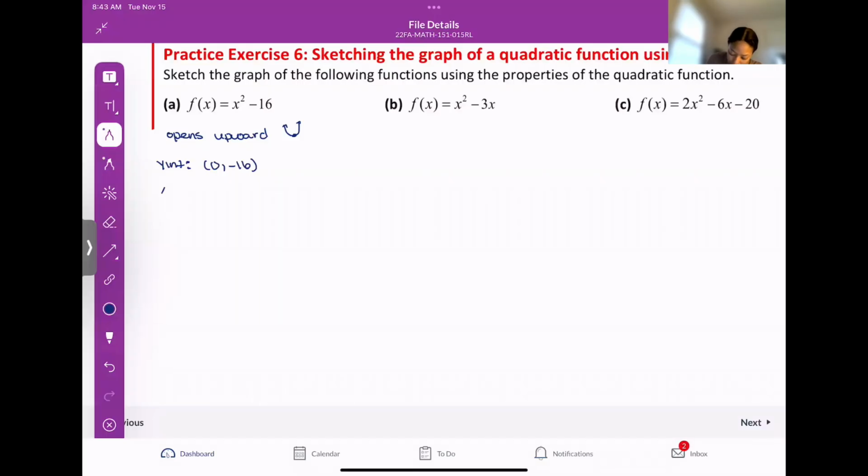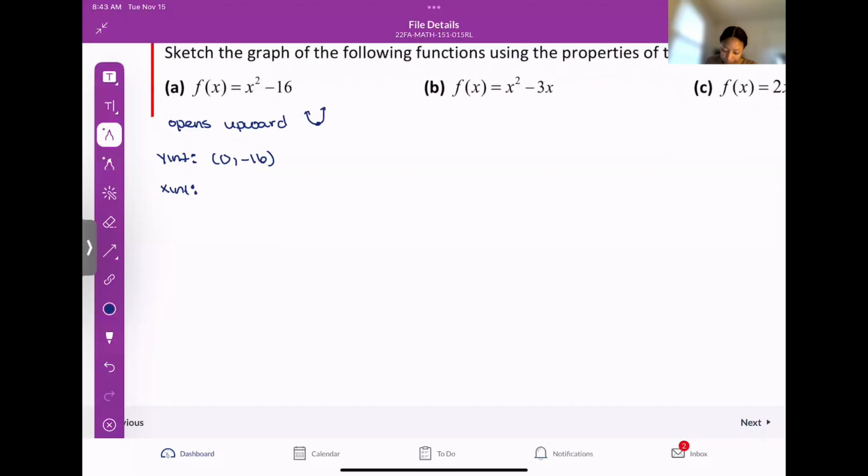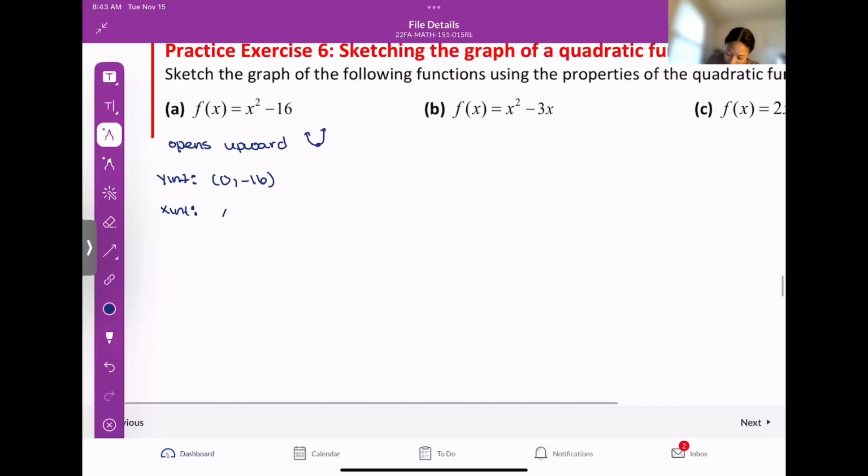All right. For the x-intercepts, this is where we have a little bit of work to do. So we would have x squared minus 16 equals 0. x squared minus 16 is a difference of squares, so that factors to (x + 4)(x - 4) equals 0.